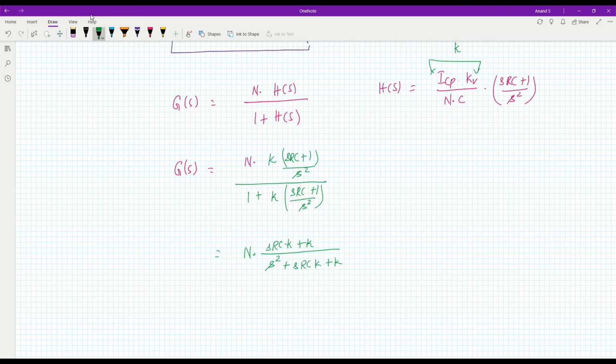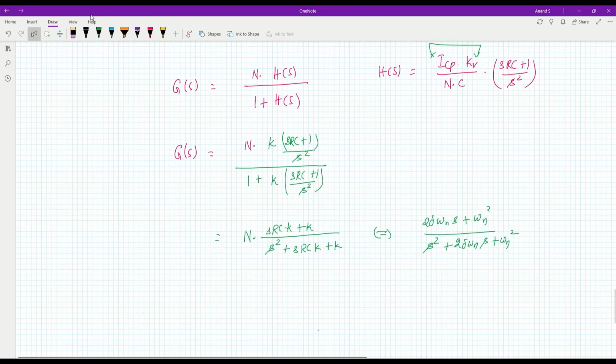So this is of the form of the famous second order equation, which is (2 delta omega n s plus omega n square) divided by (s square plus 2 delta omega n s plus omega n square). So this is in the same format.